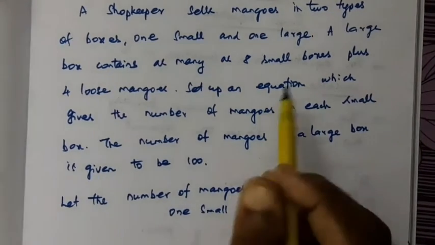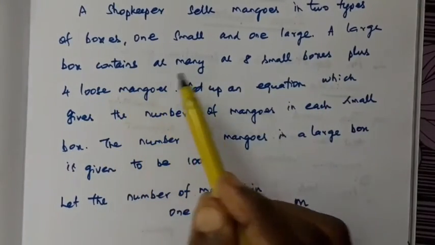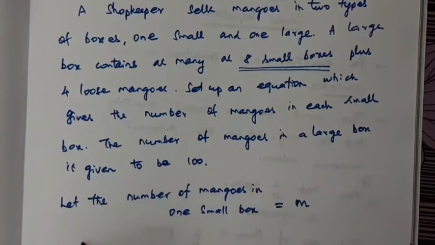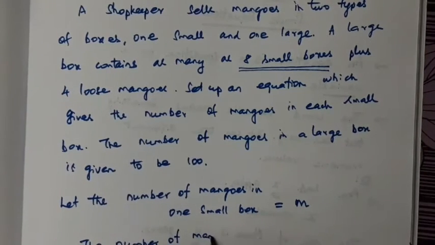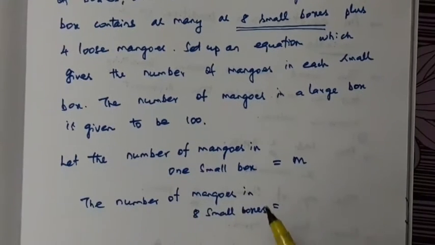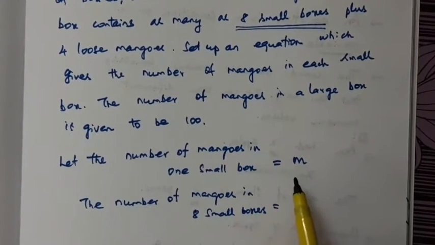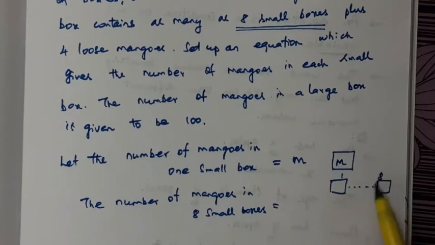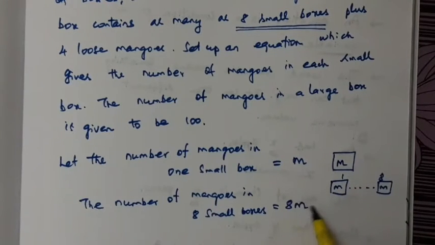Here a large box contains as many as 8 small boxes. What are those 8 small boxes? The number of mangoes in 8 small boxes: if one small box has m mangoes, then counting 1 to 8, totally there will be 8m mangoes.